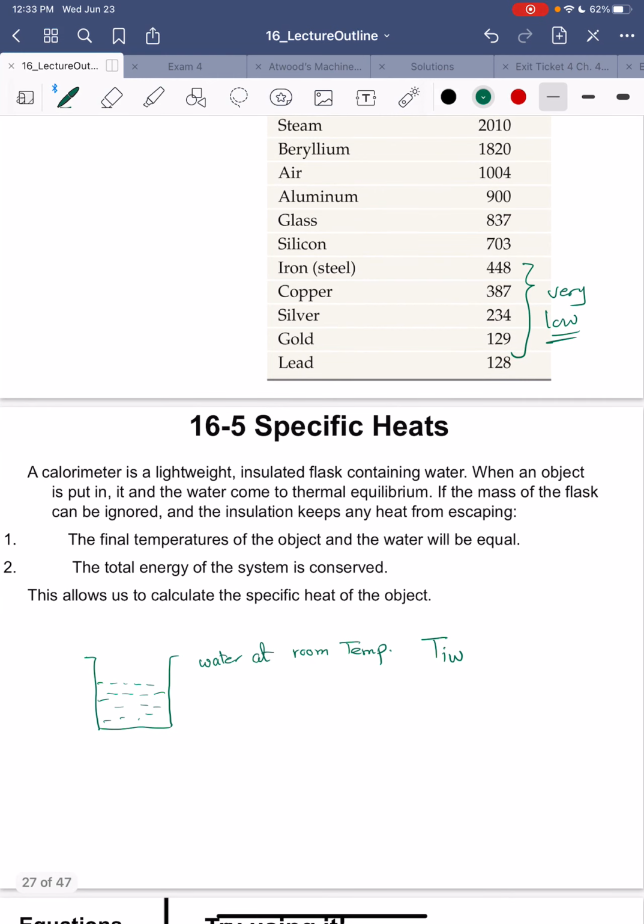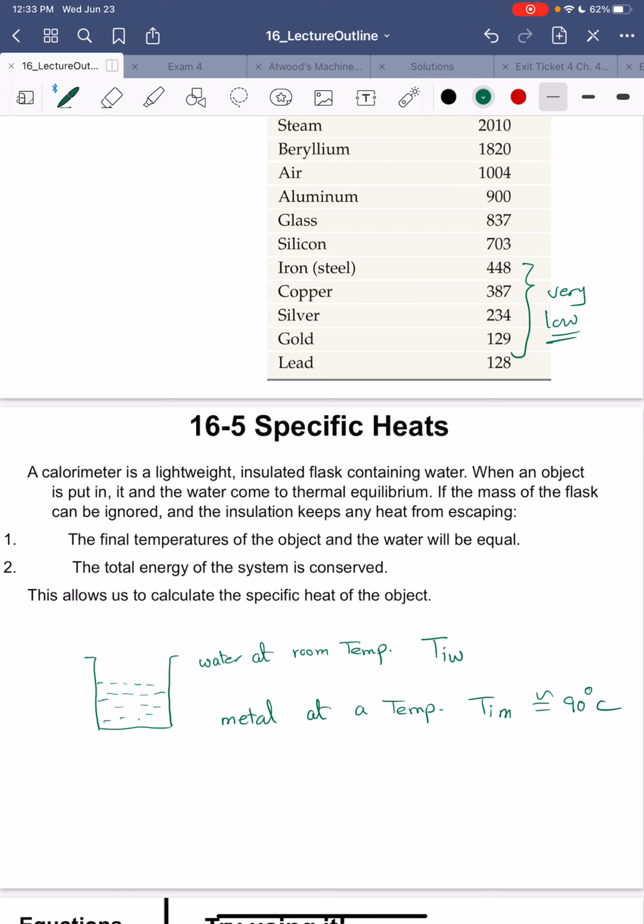For my metal, I will boil water to make it reach a temperature close to 90 or 100. Then my metal is going to be at T initial of the metal, which is approximately 90 or 100 degrees.